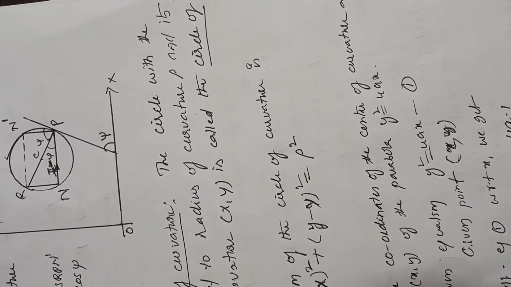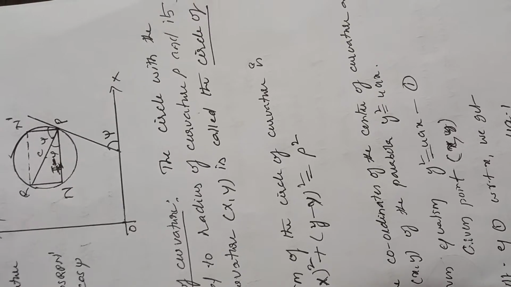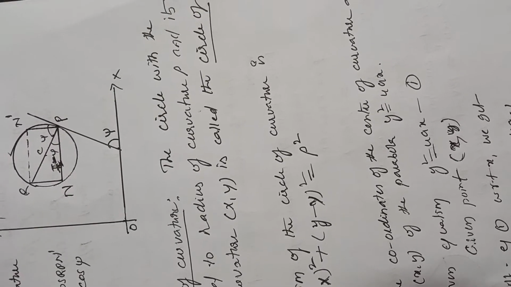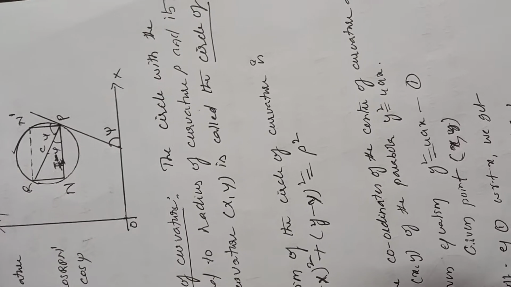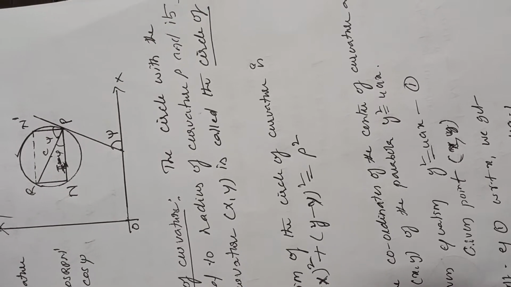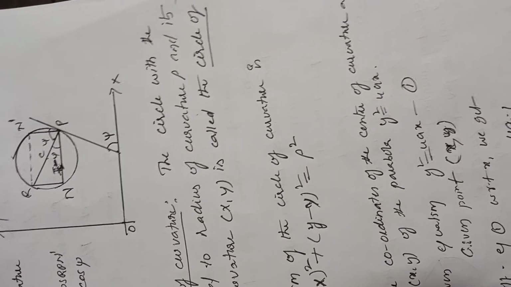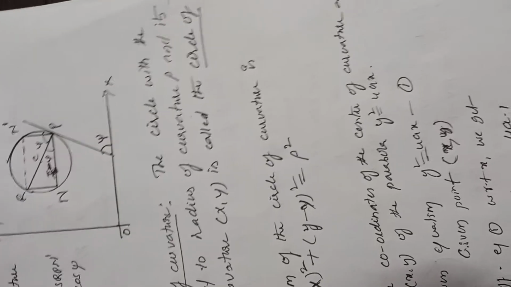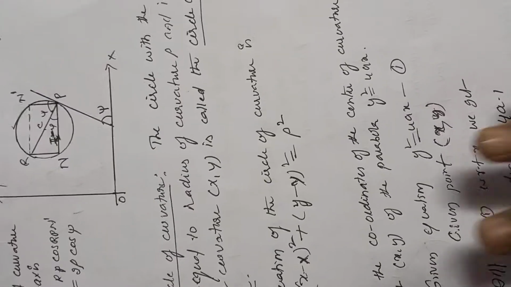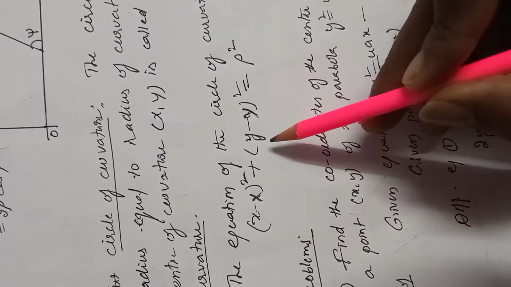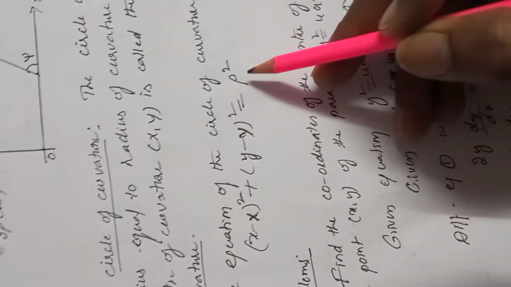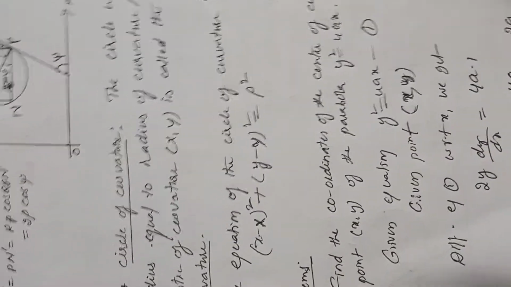If rho is equal to r, that means the radius of curvature is equal to the radius of the circle, then the center of that circle is called the circle of curvature. The equation of the circle of curvature is given by (x minus capital X) whole square plus (y minus capital Y) whole square is equal to r square.